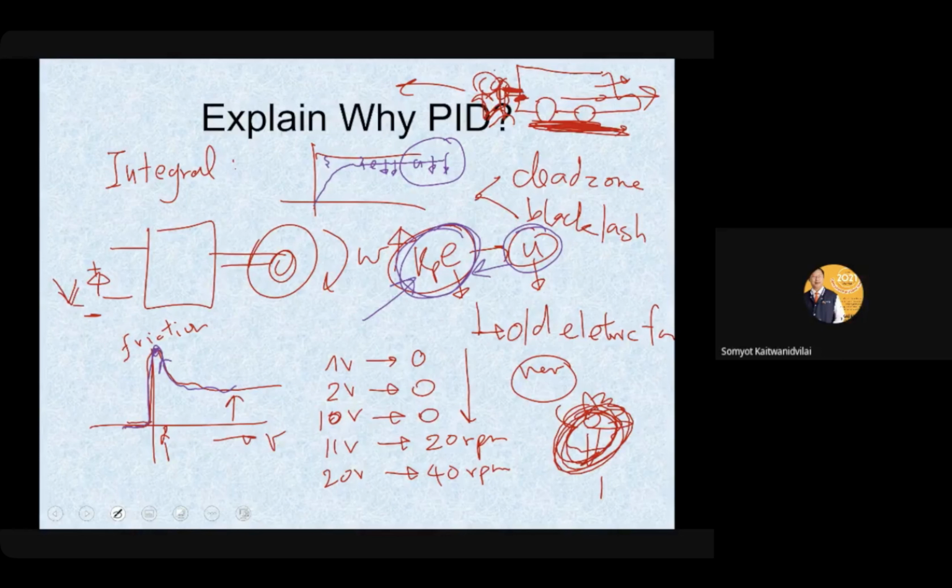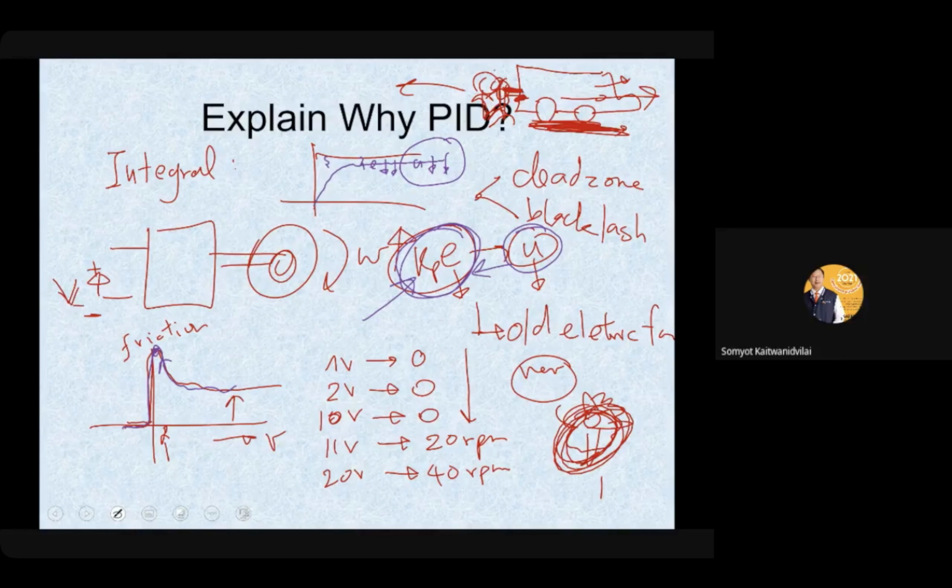So you don't want oscillation here. Okay, this is error, this is time. This one is the command R, this one is Y. So the error becomes here, R minus Y is the error.